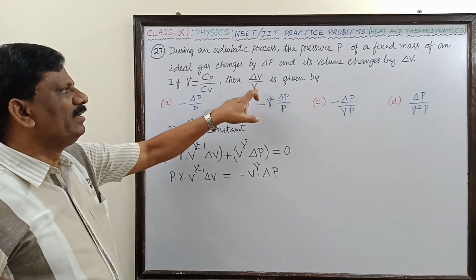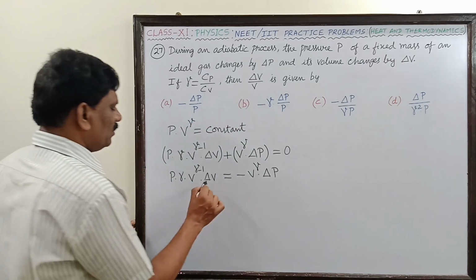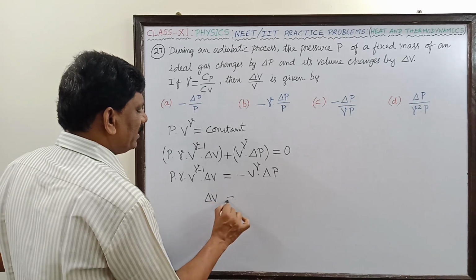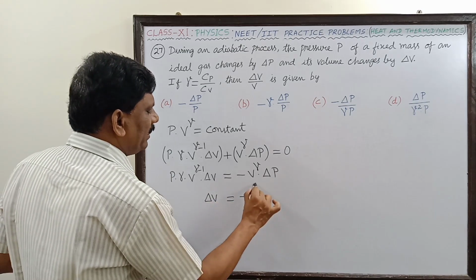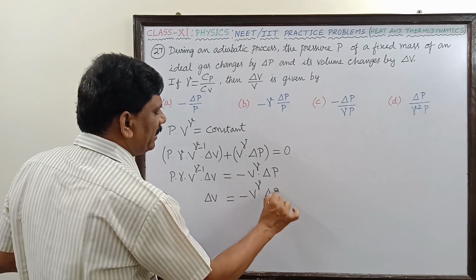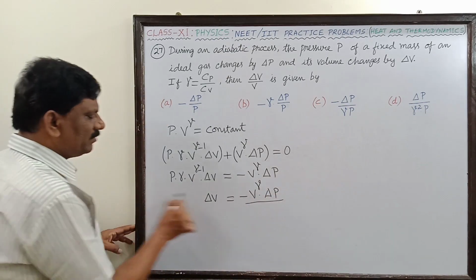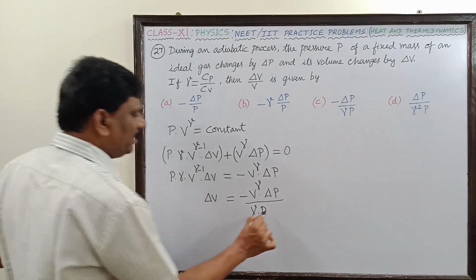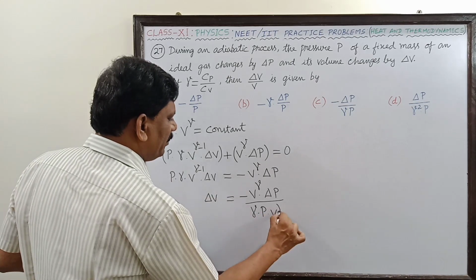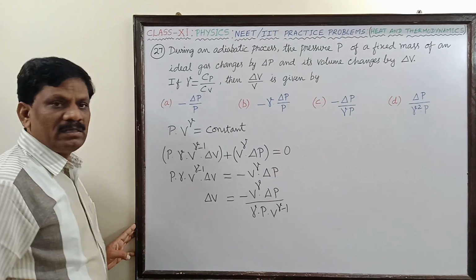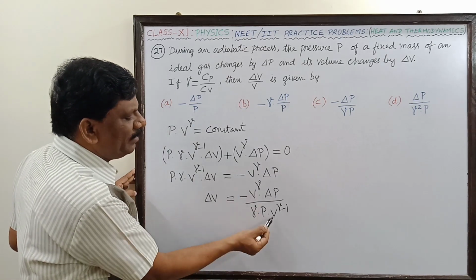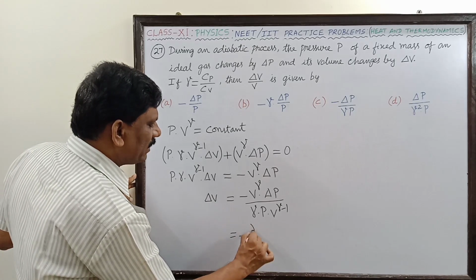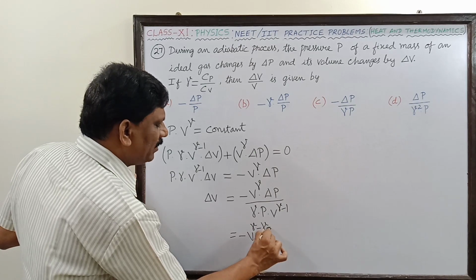We need delta V by V, is it not? So I will take delta V is equal to minus of V power gamma into delta P, whole divided by the remaining terms, gamma into P into V power gamma minus 1. Now V power gamma and V power gamma minus 1, so this is equal to minus V power gamma minus gamma plus 1.